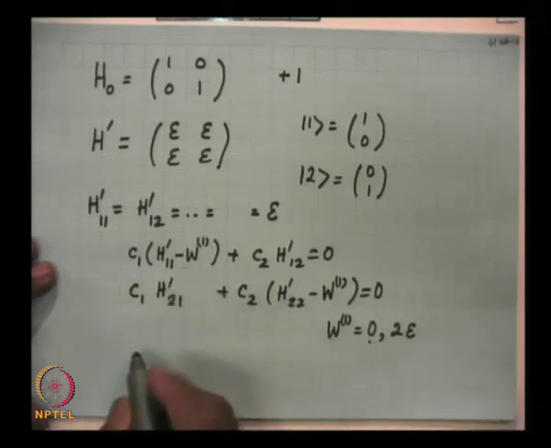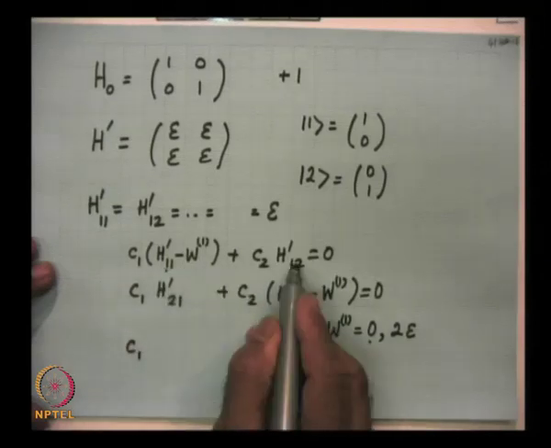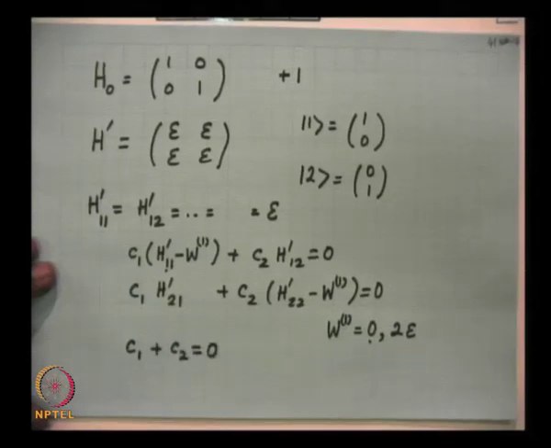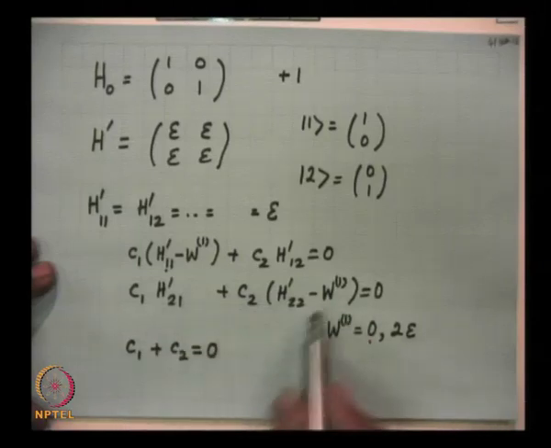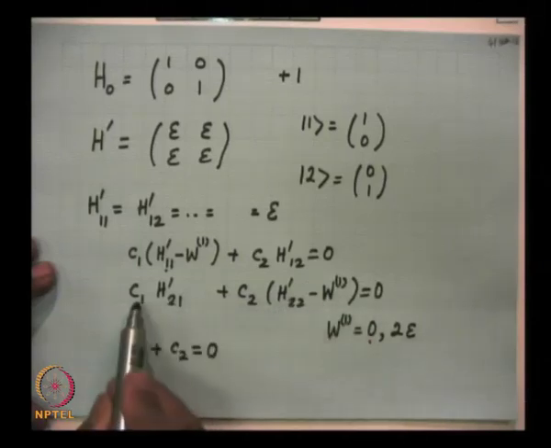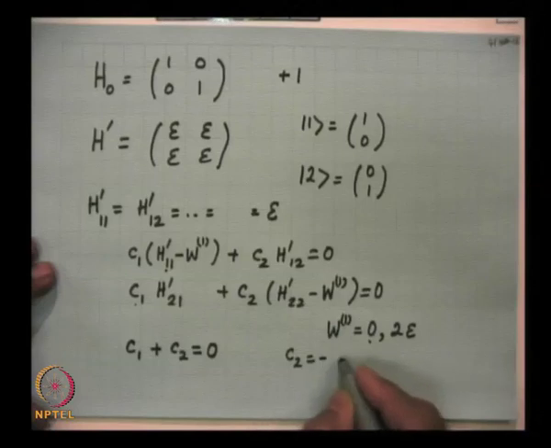So, W 1 is 0. So, we have C 1 epsilon plus C 2 epsilon is 0. So, C 1 plus C 2 is equal to 0. Even this equation will give me the same thing. W 1 is 0, this is 1, this is epsilon, C 1 plus C 2 is equal to 0. Therefore, C 2 is equal to minus C 1.